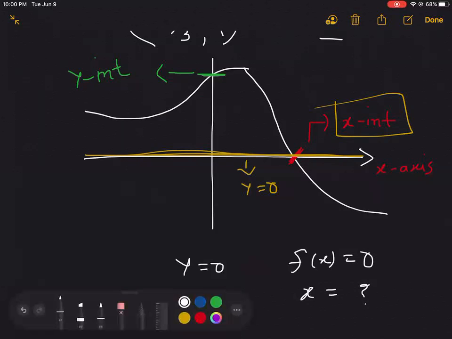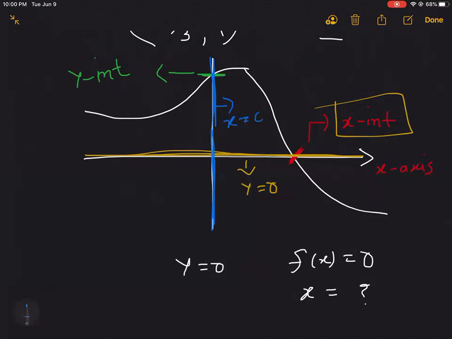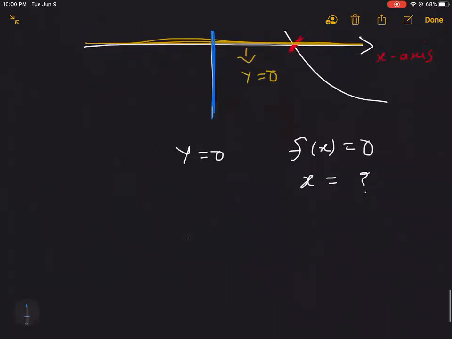Similarly, this is your y-axis, and on this line, x is always 0. So if you just start with x equals 0 and then solve it for f of x or y, you should get your y-intercept.